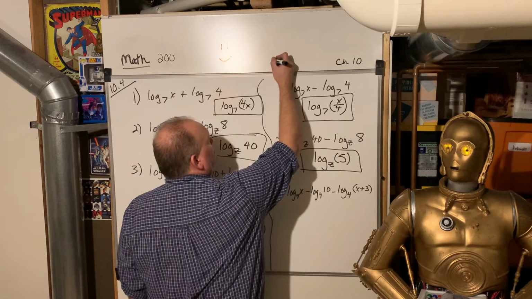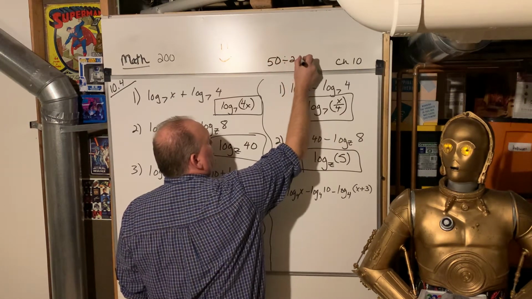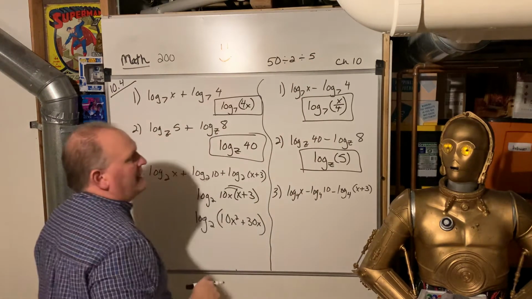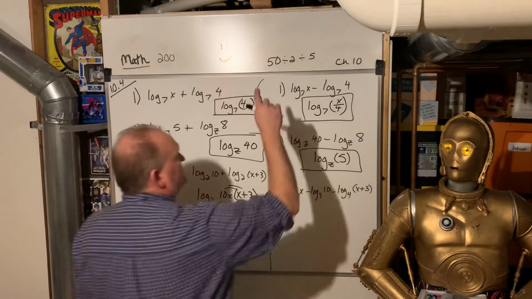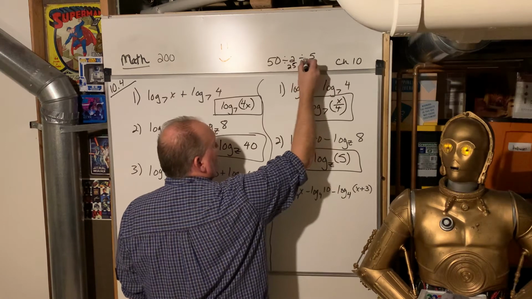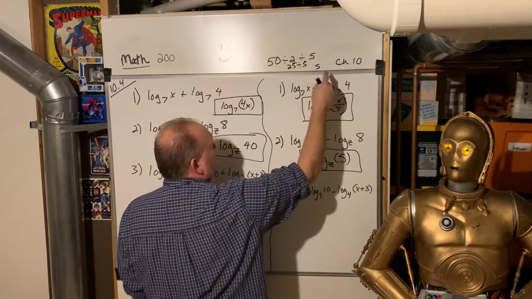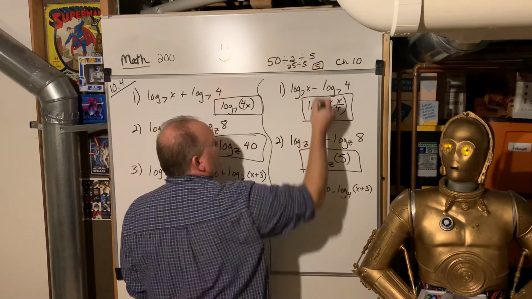So let's go 50 divided by 2 divided by 5. What would you have done there? We would work from left to right, correct? So you do 50 divided by 2 and get 25, and then divide it by 5 and get 5. So basically, you took 50 divided by 2 and then divided by 5, and that's how you ended up with 5.